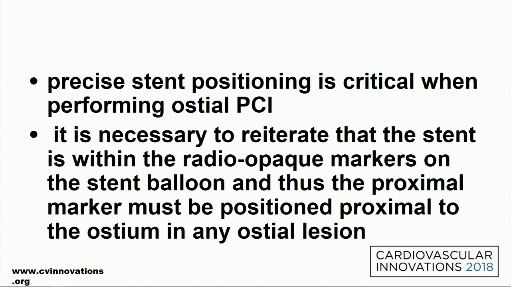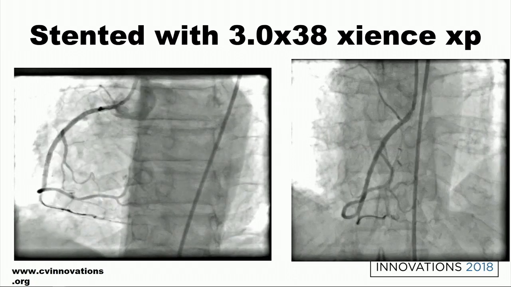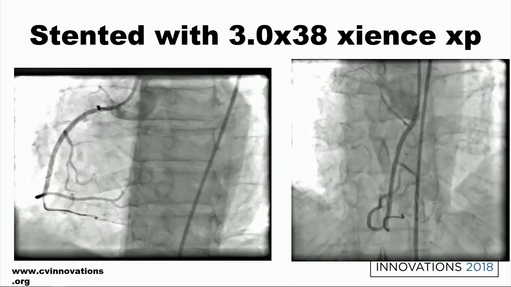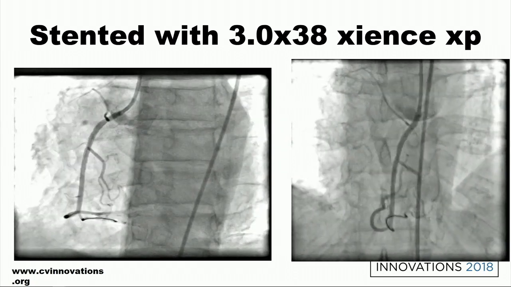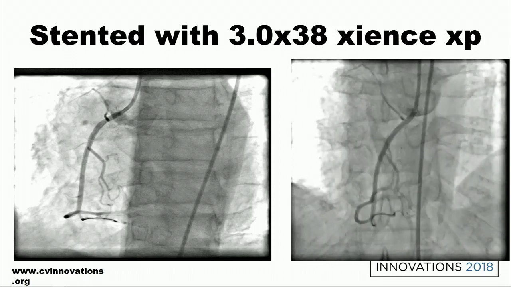It's necessary to position the stent within the radiopaque markers on the stent balloon, and thus the proximal marker must be positioned proximal to the ostium in any ostial lesion. After stenting, we got good results. You can see the ostium of the RCA is nicely flared.